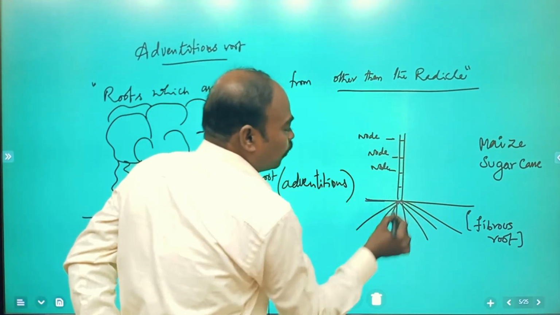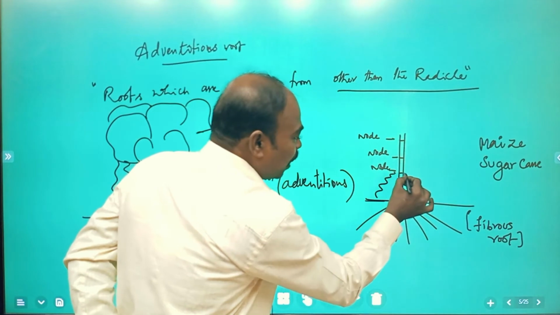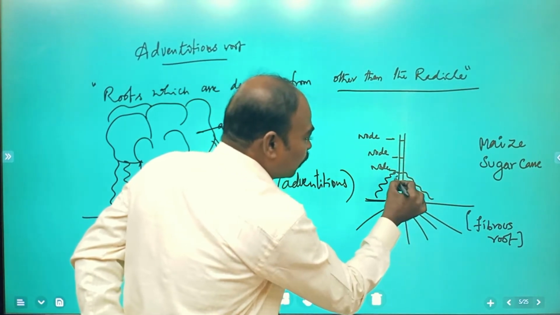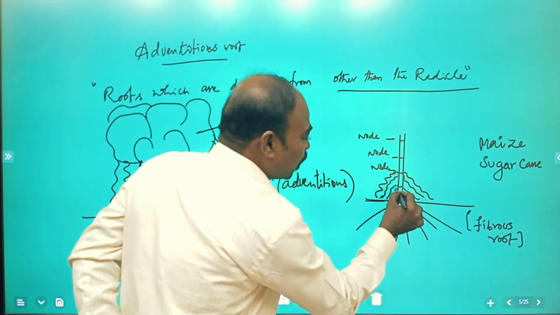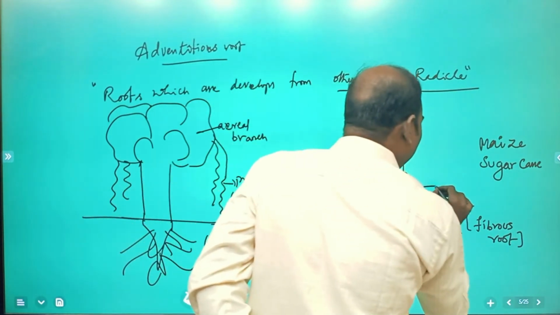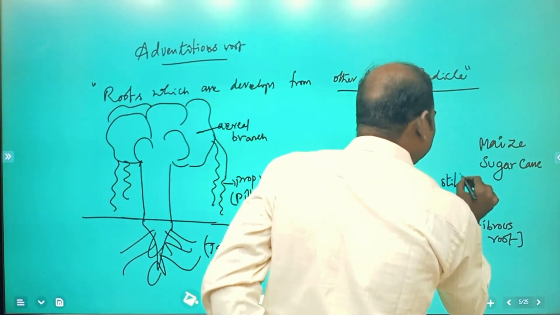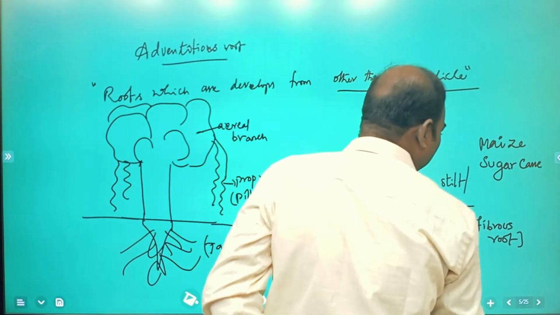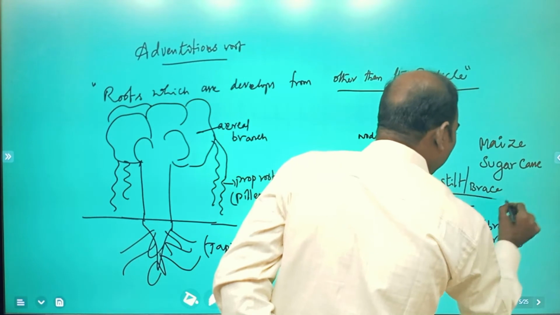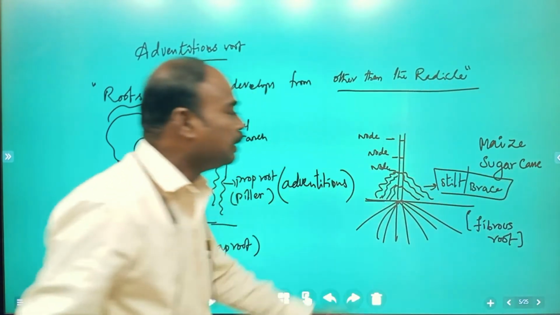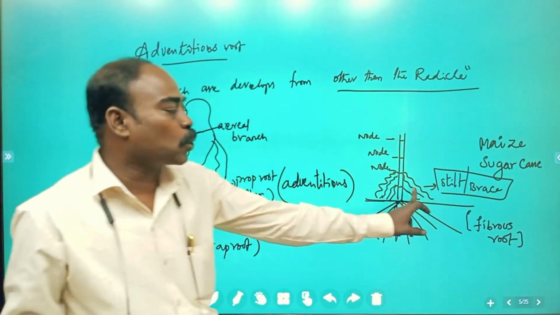From the lower nodes of the plant, roots are developed, grow towards the soil, touch the soil and give additional mechanical support. These are otherwise called stilt roots or brace roots.